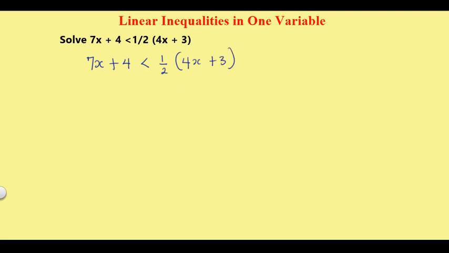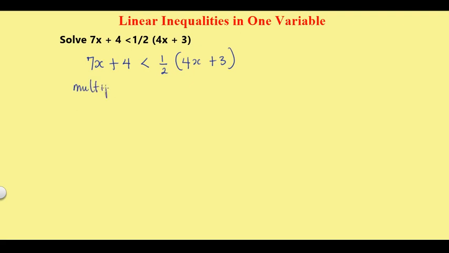Just the way we solve our linear equation. This is 7x plus 4, which can be assumed to be divided by 1. And here we have 4x plus 3, which we can say is being divided by 2 based on the coefficient that we have here. So the very first thing is, we multiply both sides by 2.